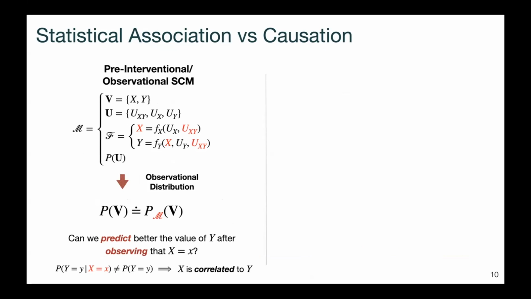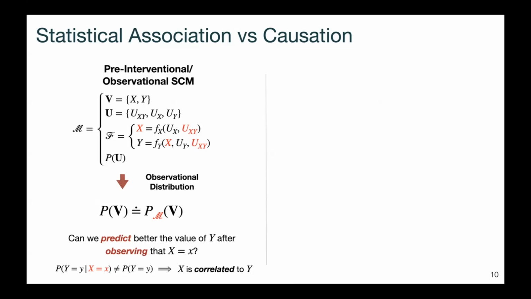So given the probability distribution, you can just check the conditional probability of y given x, and compare it with the probability of y. If they are different, this means that x helps in the prediction of y, or x is correlated to y in this case. And that's all you need to know, that after observing x, you have a better prediction of the value of y.